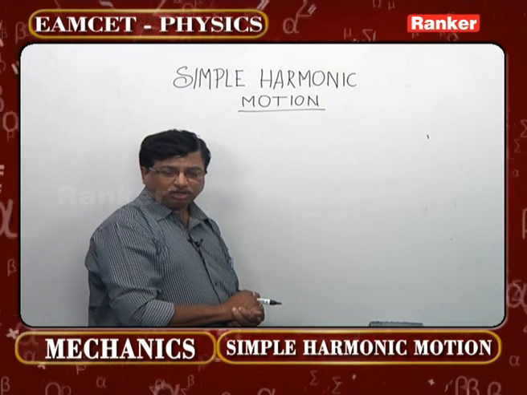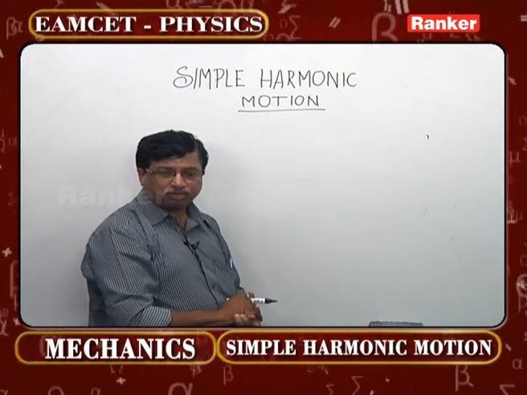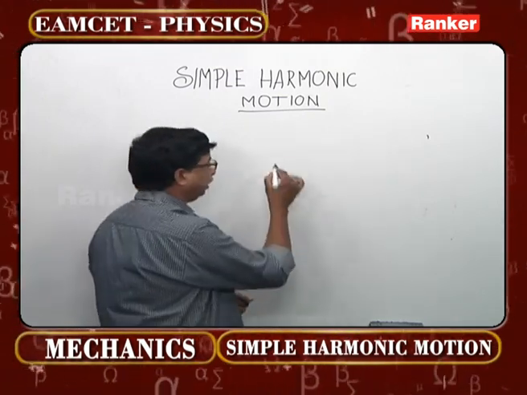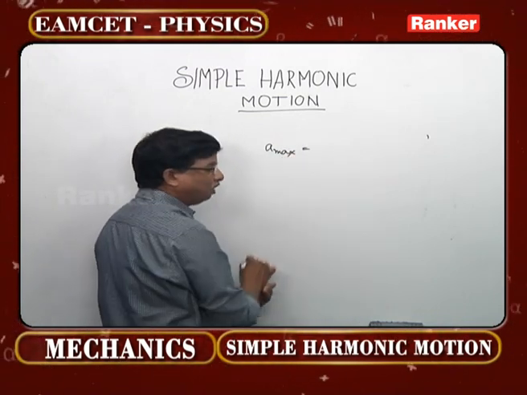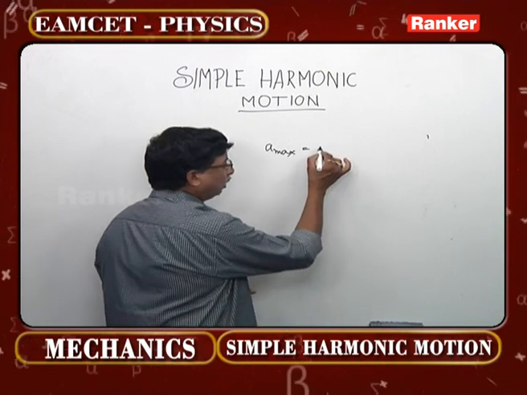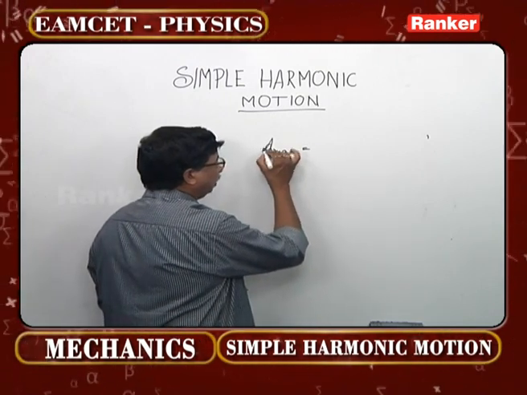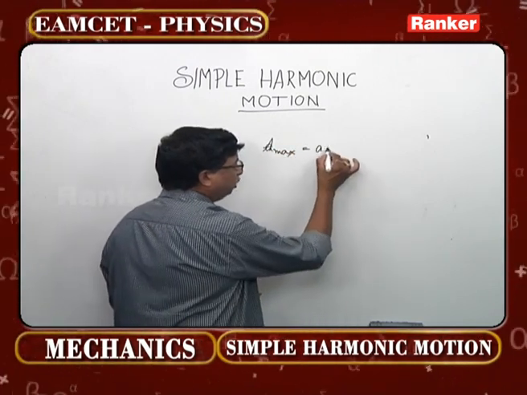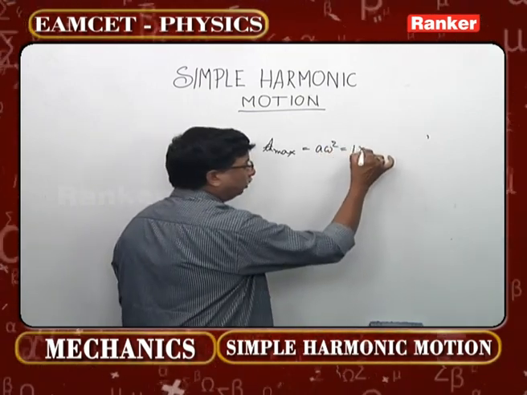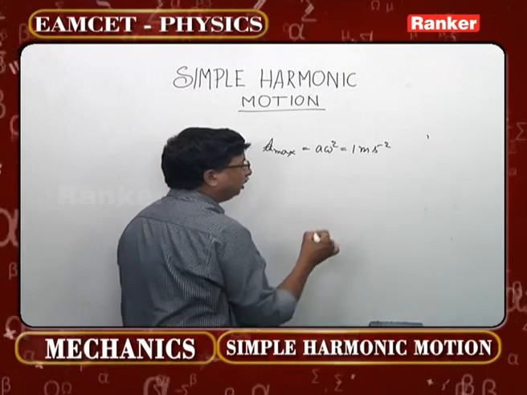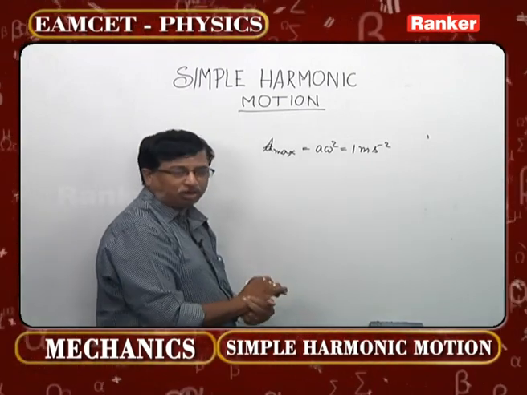Acceleration at extreme position is 1 meter per second square, also called maximum acceleration. What is its formula? Maximum acceleration is A omega square, and its value is mentioned as 1 meter per second square. That is the concept.